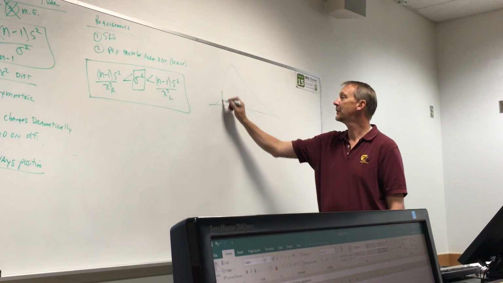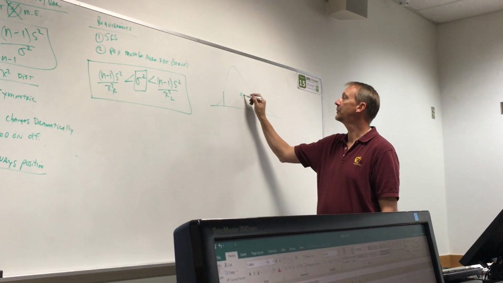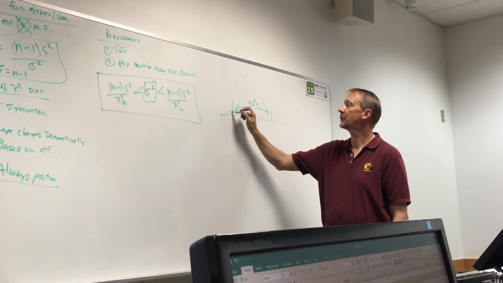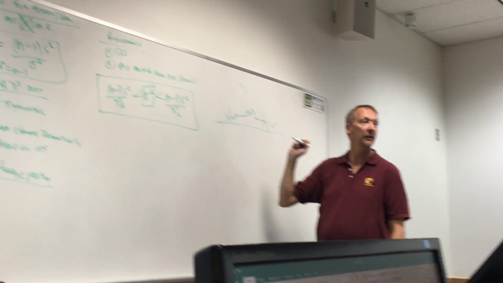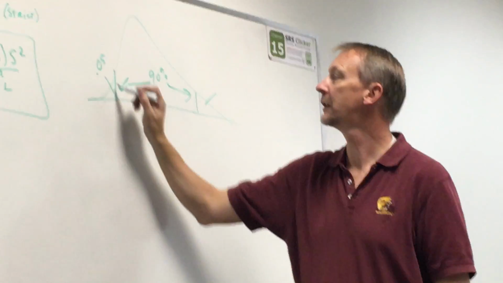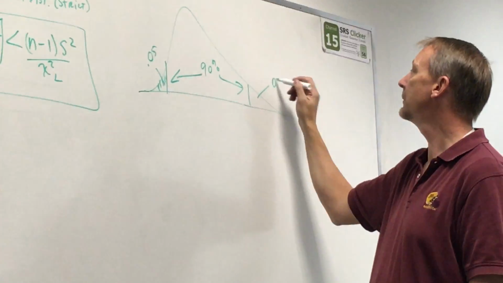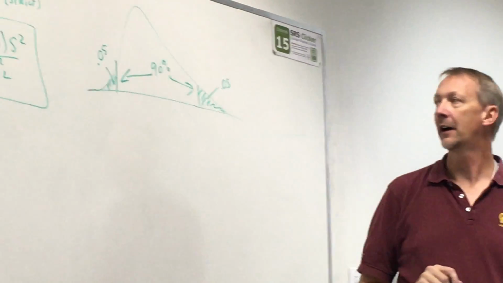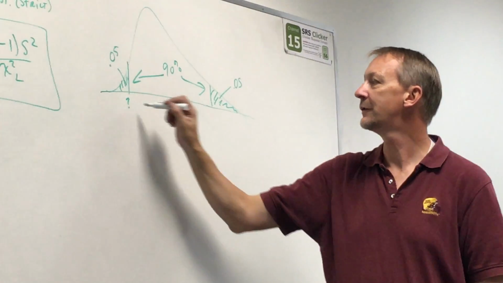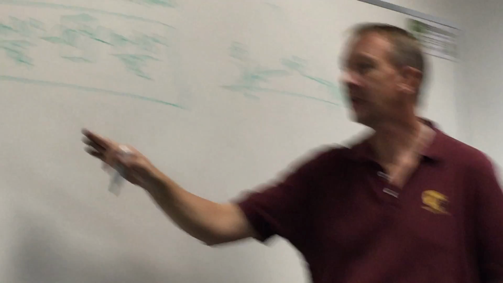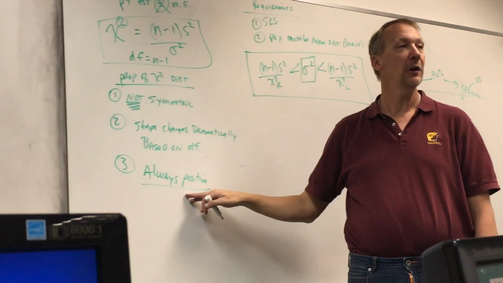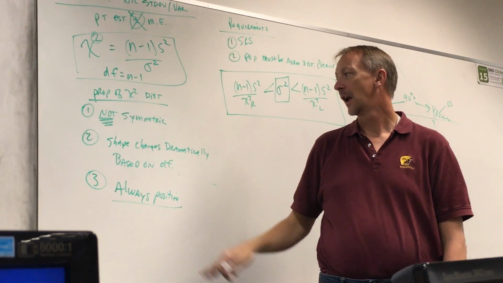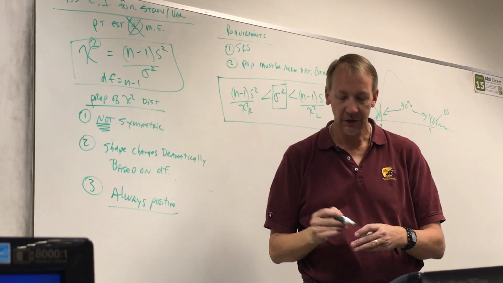I want 90% in the middle, which means how much do I want in that tail and that tail? I got 5% here, and I got 5% here. So I've got to figure out what these two values are. Remember, they're always positive. We don't have a plus and minus like we do with the t or the z. And it's not symmetric.